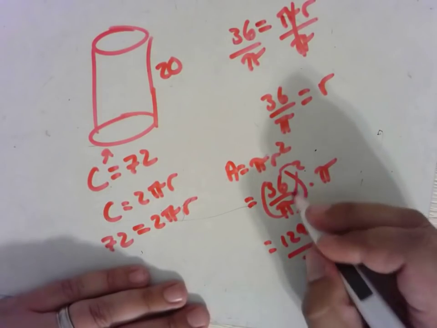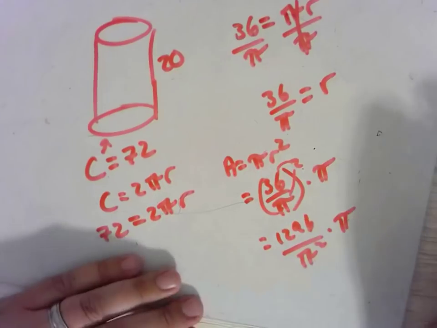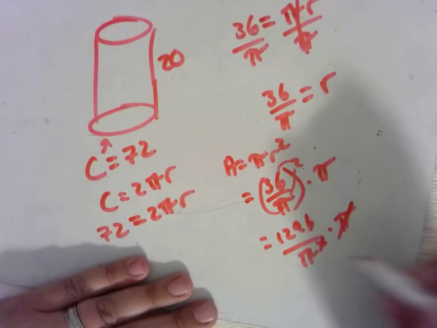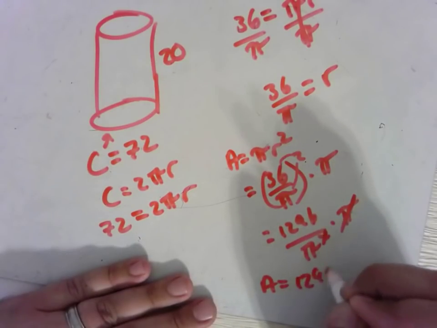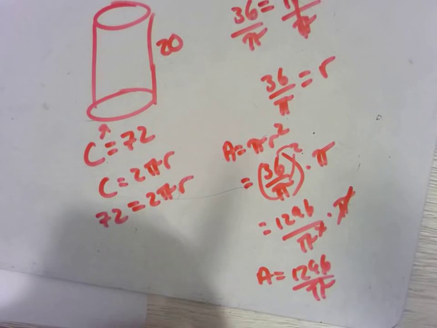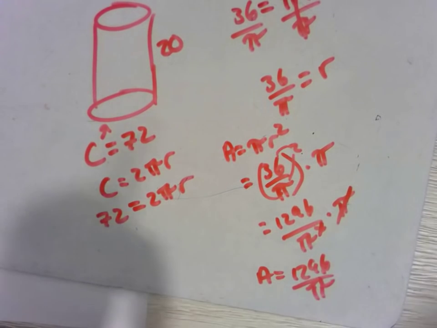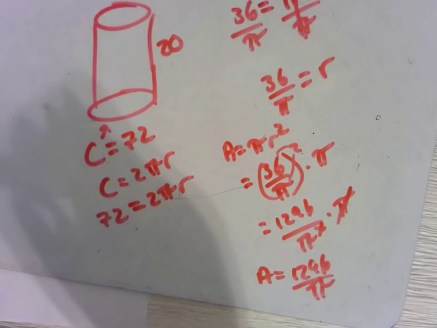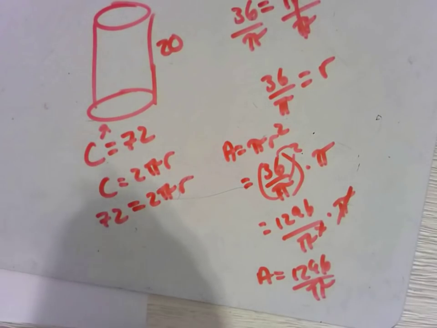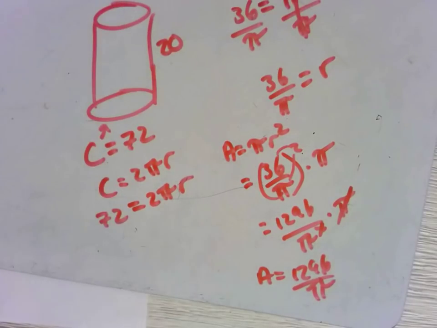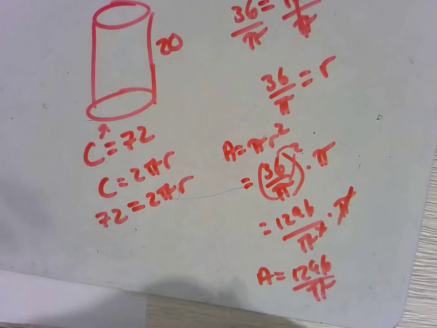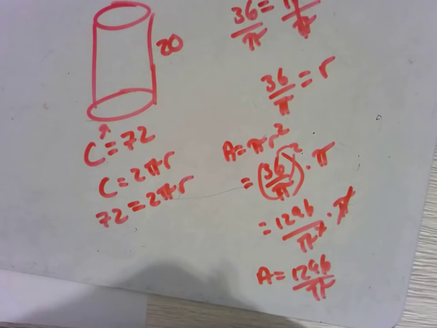The squared gets distributed to both. This pi is going to cancel with one of those. So the area is equal to 1,296 divided by pi. This isn't one of those that tell you to use 3.14. That's the area of the base, times the height, because it says to estimate the volume of the stone, times 20.